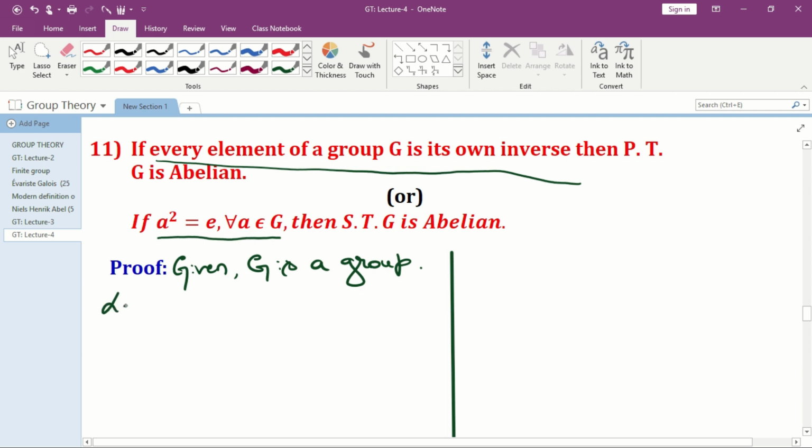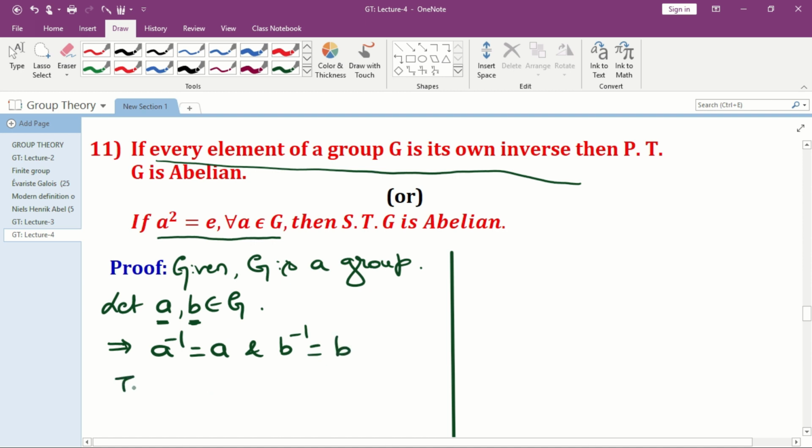We shall take two elements, let A and B be any two elements, that is A, B belongs to G. So now A and B are any two elements of G. If every element of a group G is its own inverse, what is the inverse of A? A inverse. What is the inverse of B? B inverse. Therefore this implies A inverse is equal to A and B inverse is equal to B.